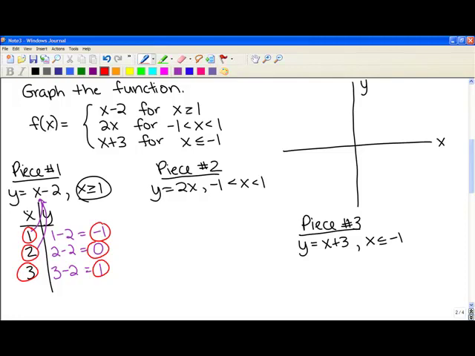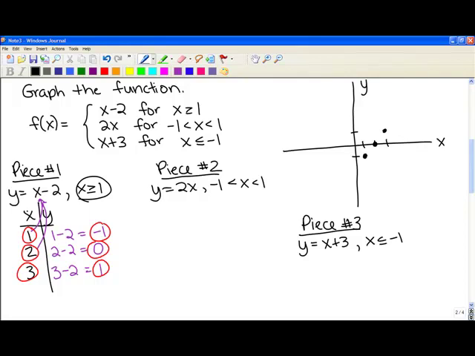So I go over to the graph and let's plot these points. Okay, so over 1 and down 1. This is the point 1, negative 1. Over 2, down 0, so right there at 2 we have the next point, and the last point is 3, 1, so over 3 and up 1 will be right about there.